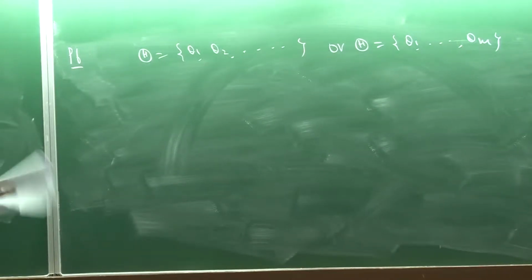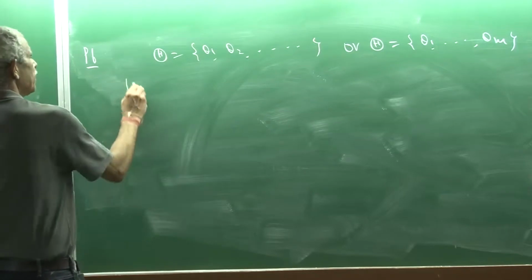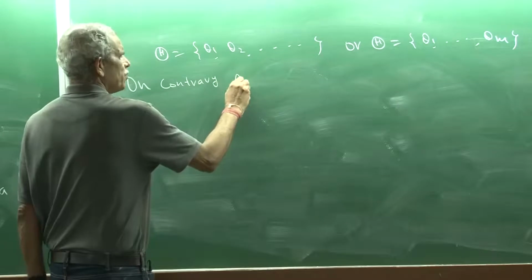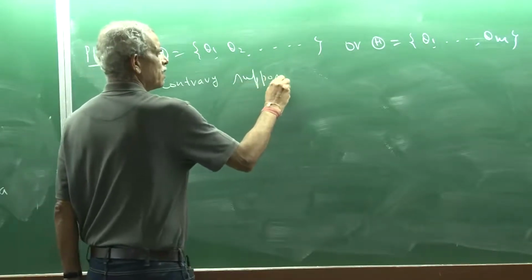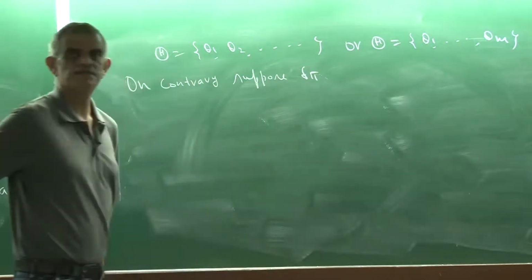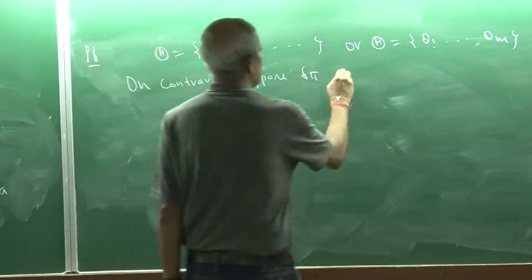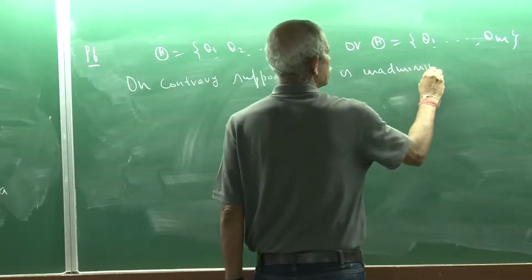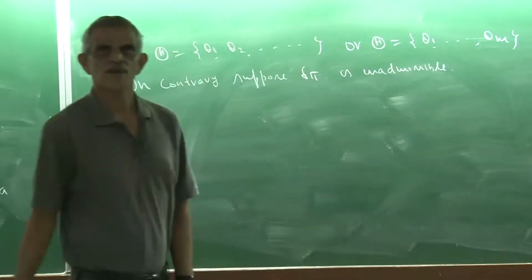So again I do it the same way. On the contrary, suppose delta pi is inadmissible. What does that mean?